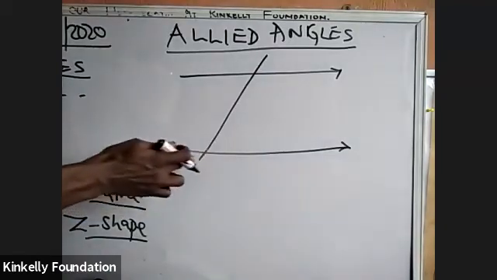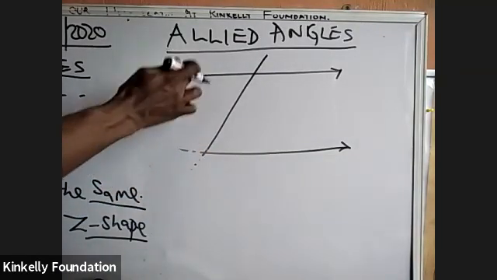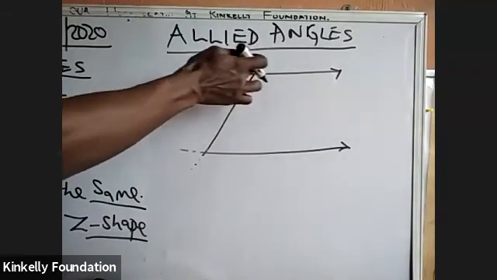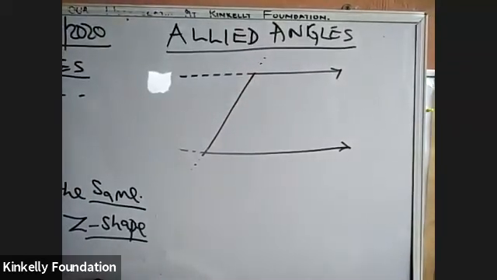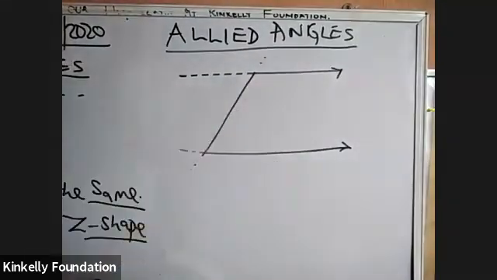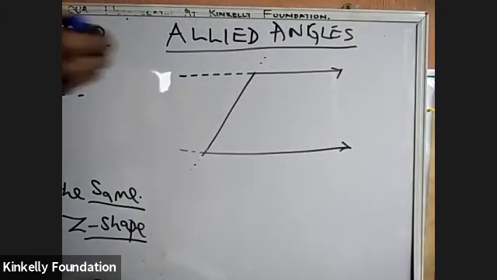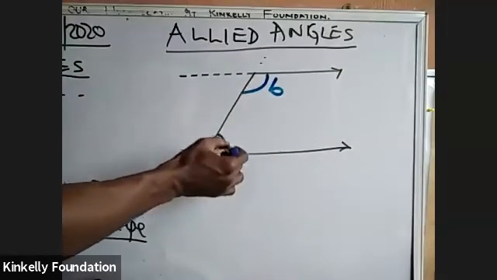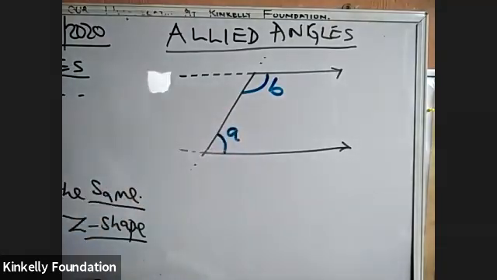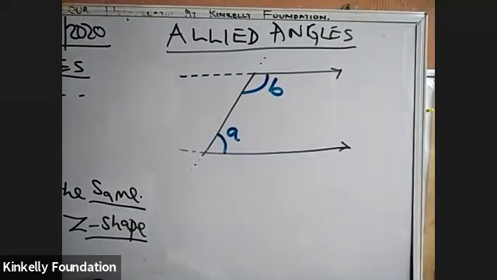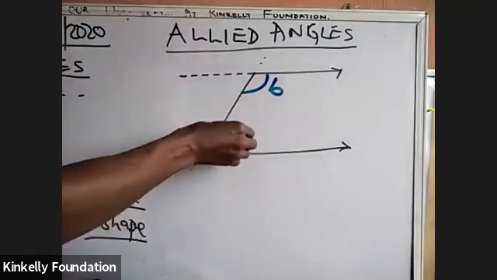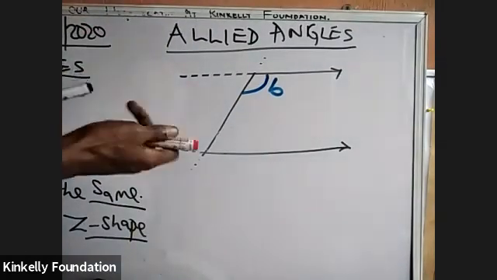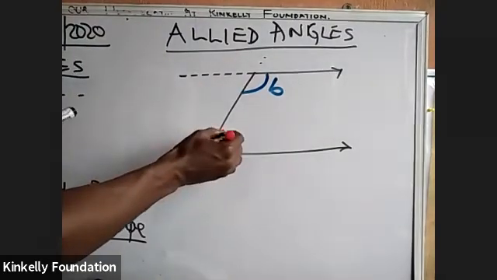Now let's just take it that we cut off this a bit. Now you see that this angle looks like a C. We have an angle here, B, and they are not of the same size. So let's quickly take this one with another ink. We have this one as our A.